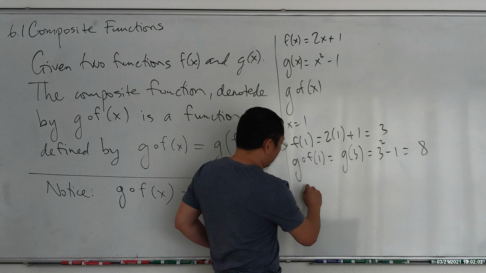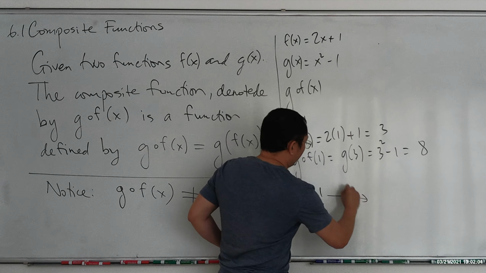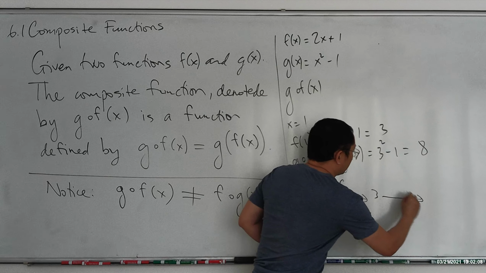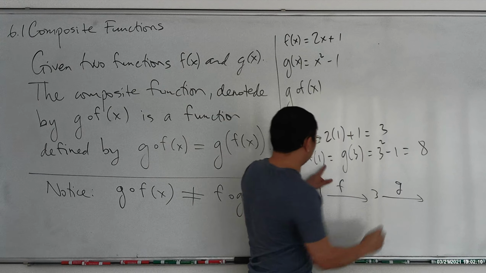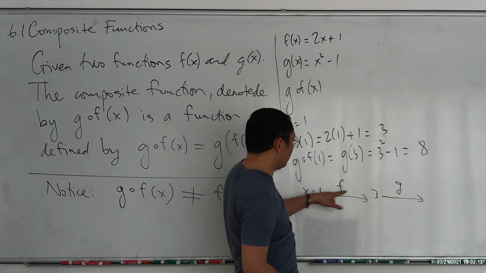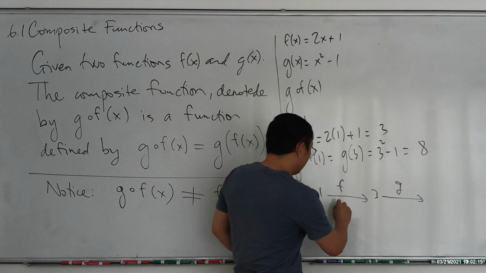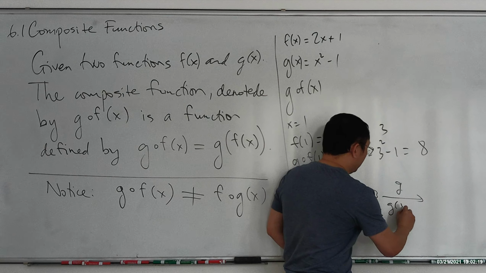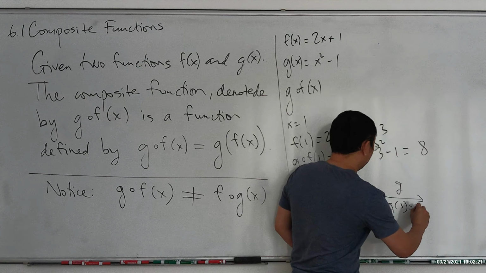You see what I'm doing right here? First of all, I got x equal to 1. I plug into the function f. I got 3 out. Now I use 3 as the input. I plug into the function g. So f of 1 is equal to 3. Plug into g right here, I got g of 3, and that's equal to 8.